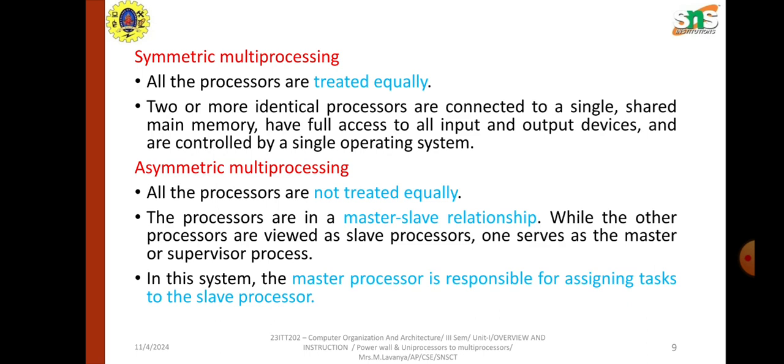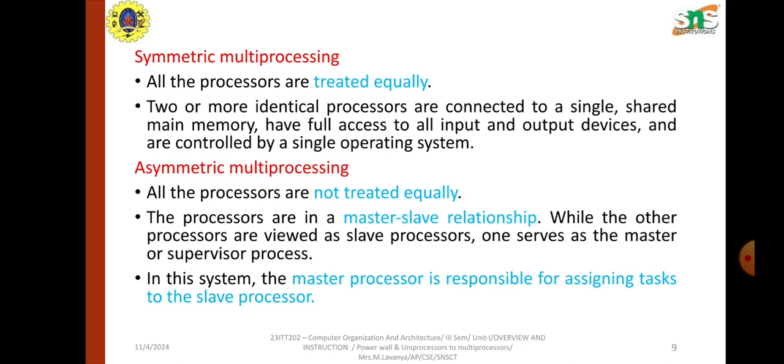But in asymmetric multiprocessing, all these processors are not treated equally. In this, the master-slave relationship or boss-worker relationship is followed, where one processor is assigned as a master or boss processor, which treats all other processors within the system as slave or worker processors.